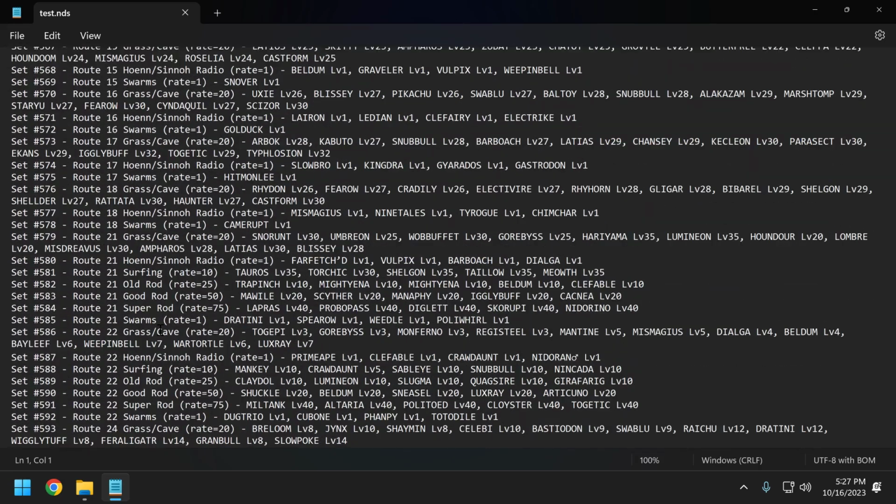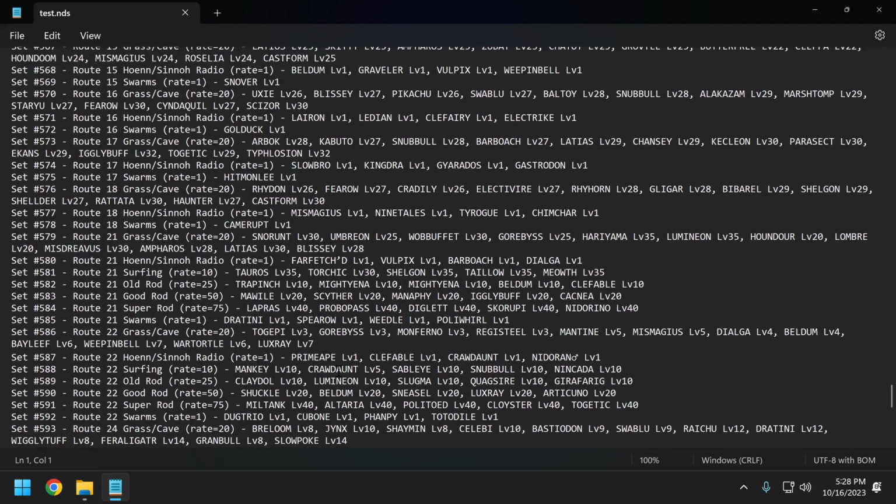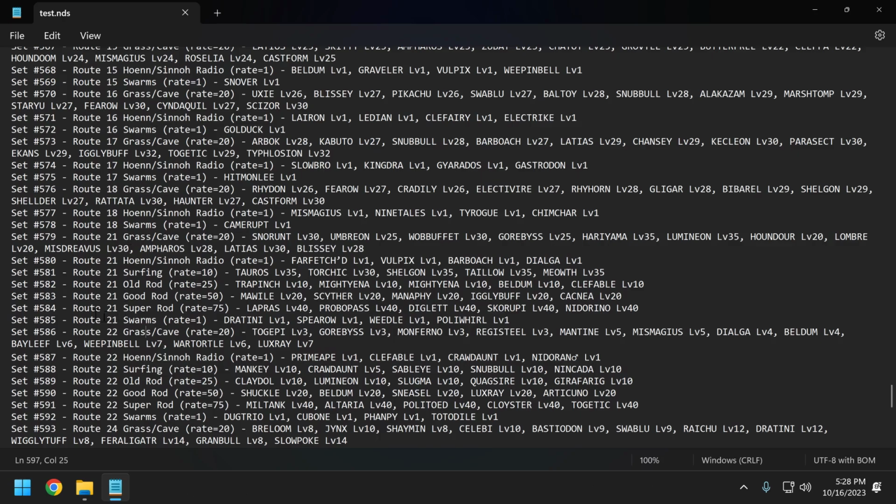So this is essentially the only way to know what Pokemon have spawned in an area and what level. The problem is it's fairly difficult to filter through this because there's 1, 2, 3, 4, 5, 6, 7 different slots basically, or sets of stuff that's getting randomized, from the surfing to the old rod to the good rod to the swarms to the grasses and the caves.